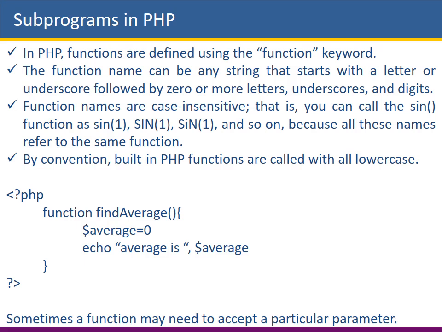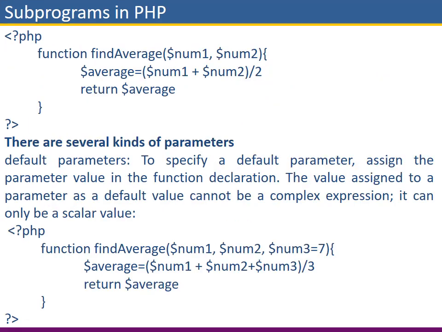Sometimes a function may need to accept a particular parameter. Let's see the parameters that a function needs to accept. We have this function here, the same code, function findAverage, $num1, the first parameter, and the second parameter $num2.